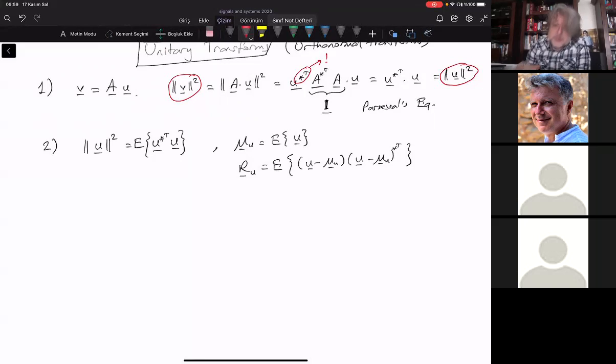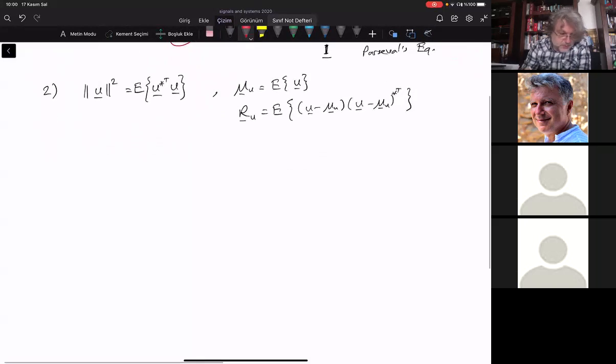With these definitions, what happens to the transformation of the random vector U is the question. Now, for example, what is mu V, the average value of the transformation output?